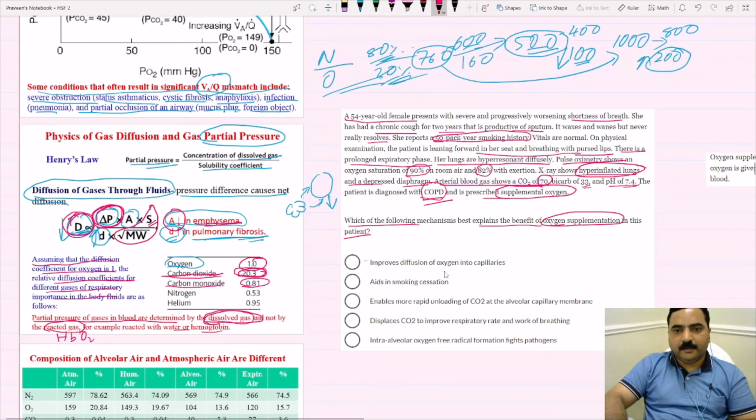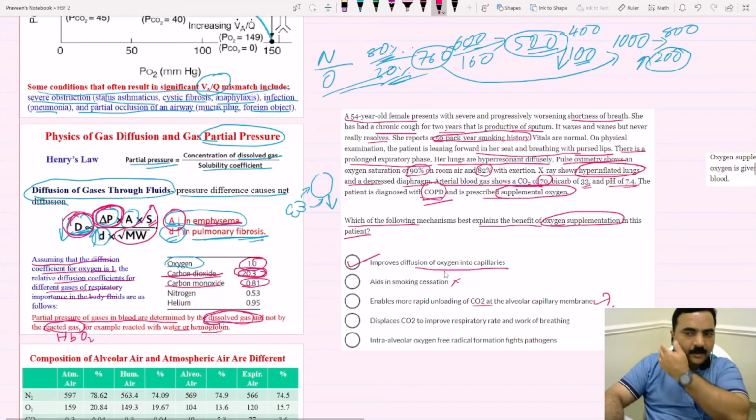Let's see what improves diffusion of oxygen into the capillaries. Good, so that may be the option: it improves the diffusion of oxygen into the capillaries. Aids in smoking cessation? No. Enables more rapid unloading of carbon dioxide? This may be true, but that is not the purpose of giving oxygen supplementation.